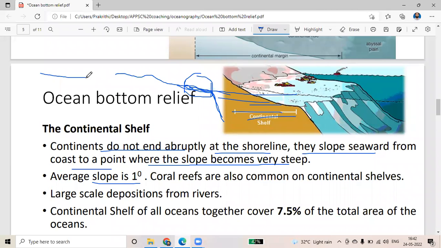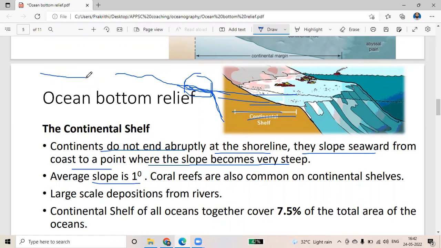If you look at a physical map of India, at the boundary between the land area and the sea, on the seaside you can see a white patch. Even in satellite imagery over the coastal areas, you can see white patches there.